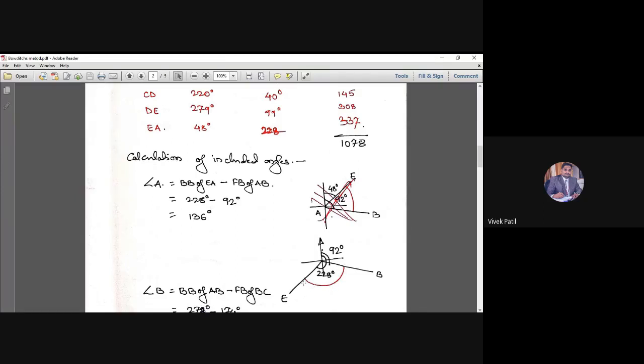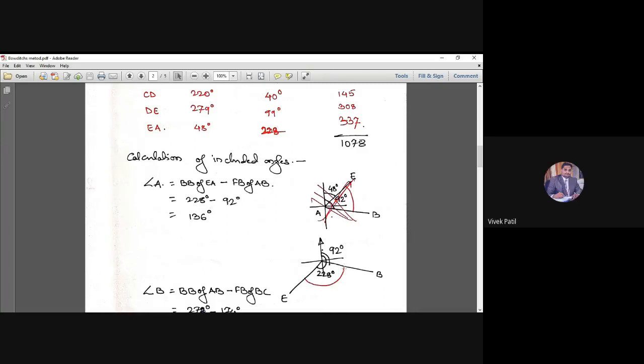So what will be this angle now? I know this bearing, I want this angle. 136.